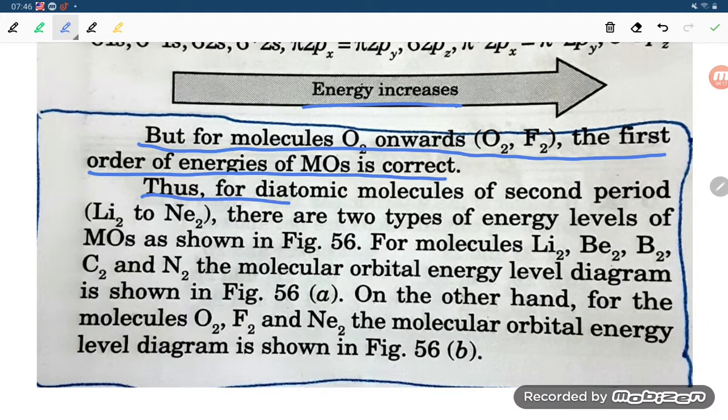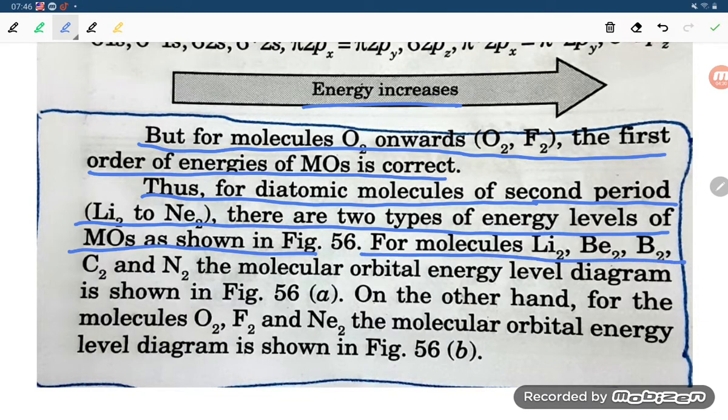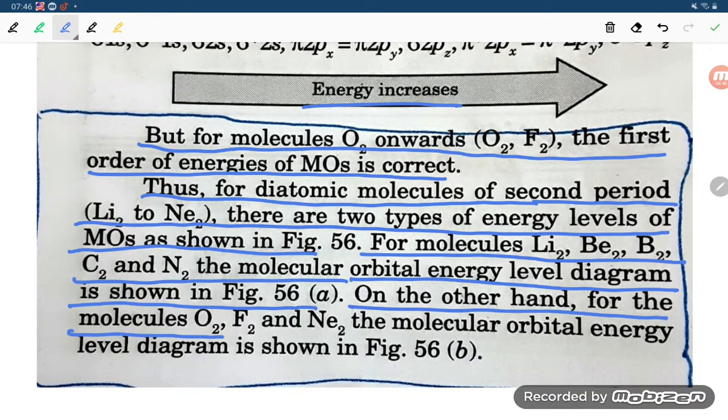Thus, for diatomic molecules of the second period, Li2 to Ne2, two types of molecular orbital energy level diagrams are shown. One is for the molecules Li2, Be2, B2, C2, N2. On the other hand, for the molecules O2, F2, Ne2, a different molecular orbital energy level diagram is shown.